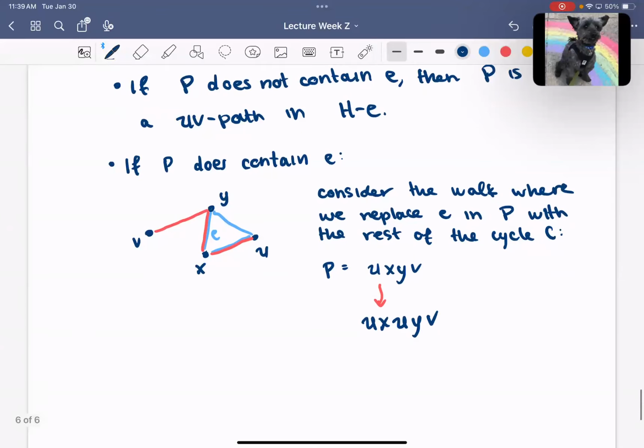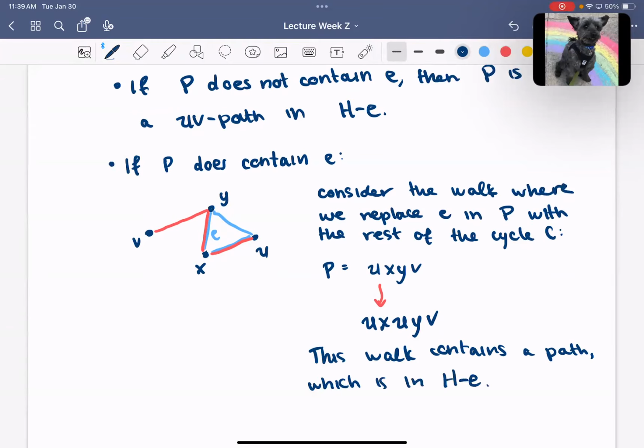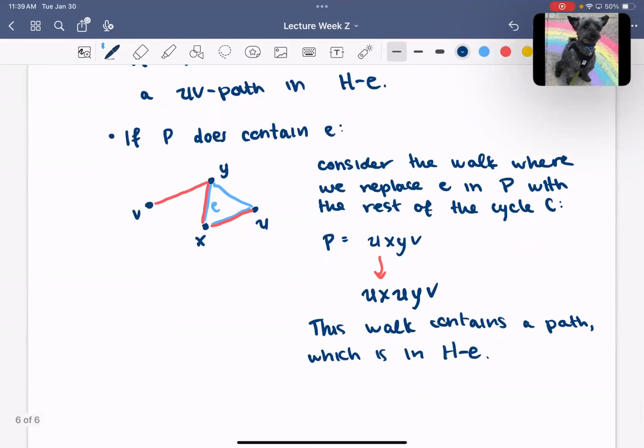So this walk contains a path, which is contained in H minus E. Okay, so in the path, we would forget about the fact that we first started at U, went to X, turned around, and then went through Y. We would just, so the path inside of this walk would just go from U to Y to V. Does that make sense?